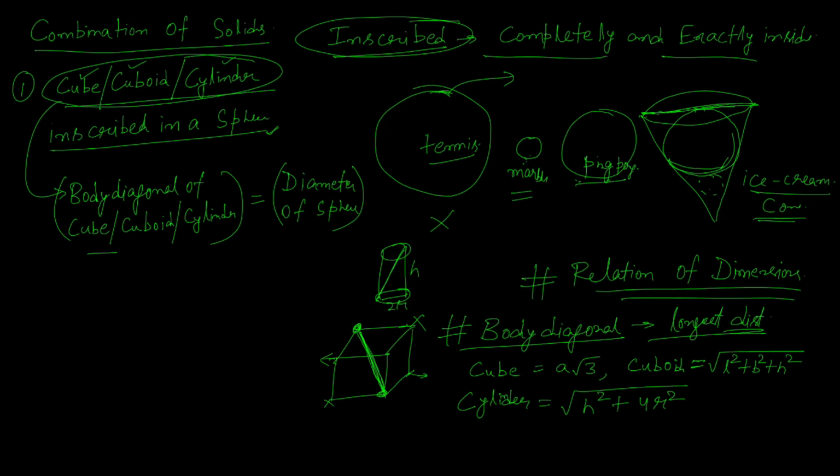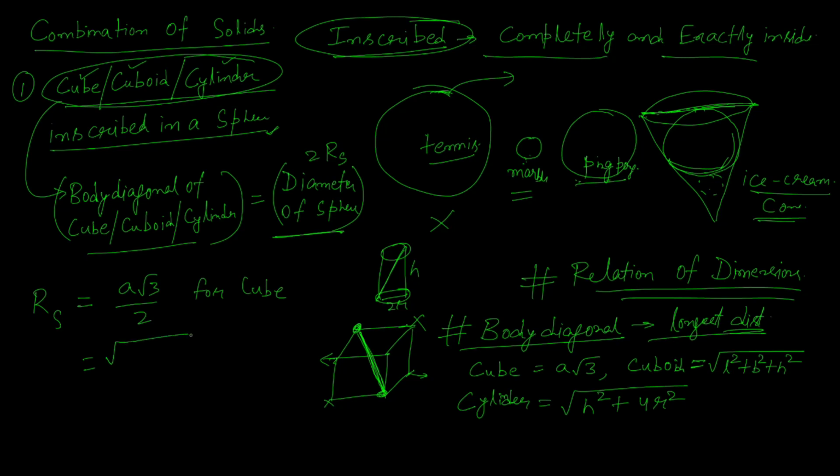So this body diagonal is equal to the diameter of the sphere. So diameter of the sphere is equal to 2R. Okay, RS is the radius of sphere. 2RS is the diameter of sphere. So radius of sphere is equal to a root 3 by 2 for cube.